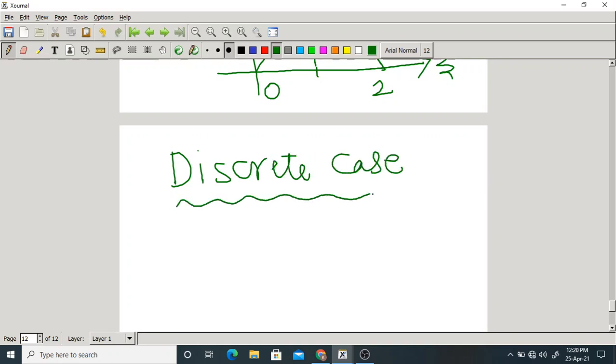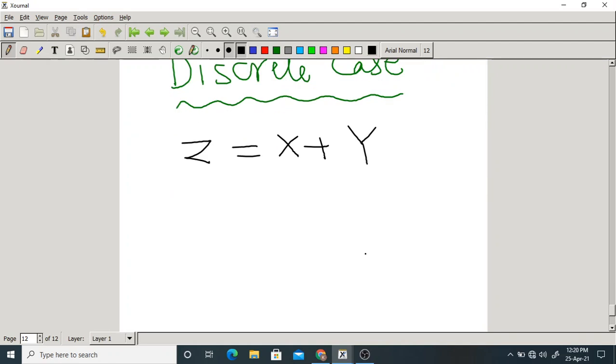If they are discrete random variables, what will happen? Let me take z equal to x plus y, where x and y are discrete random variables. So how to find out? First of all, let me write the CDF of z, that is Fz of z.